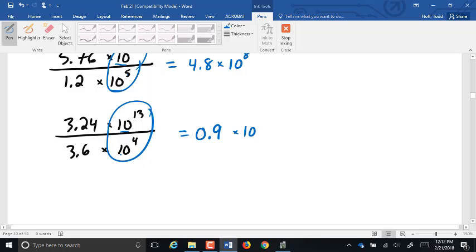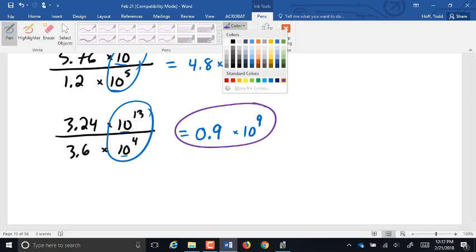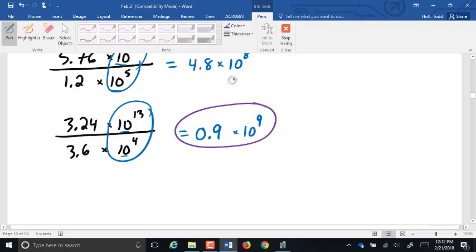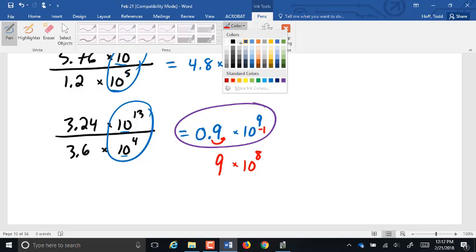Again, we're dividing exponents with the same base, so we subtract the powers. 13 minus 4 is 9. Now here we notice that this is not proper scientific notation. There is no digit in front of the decimal point except for the 0. So we're going to have to move this decimal point to make that 9. That number got larger by one place value, so our power of 10 gets smaller by 1. So that becomes 10 to the power of 8. So it's 9 times 10 to the 8th.